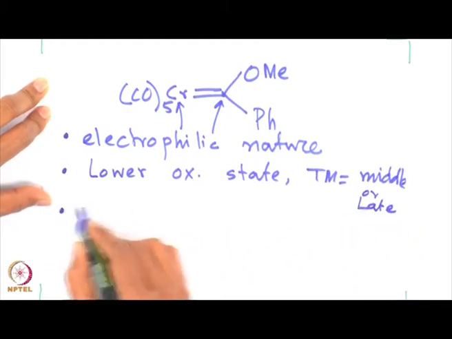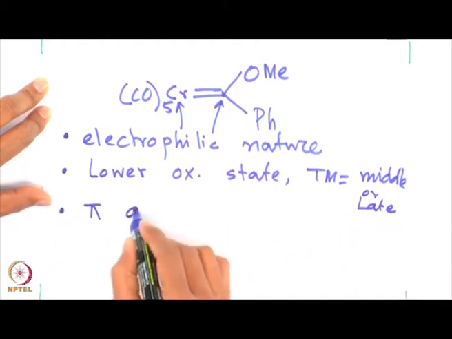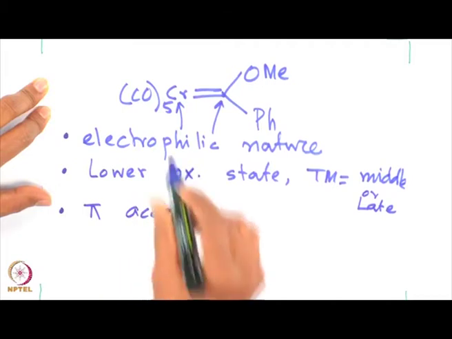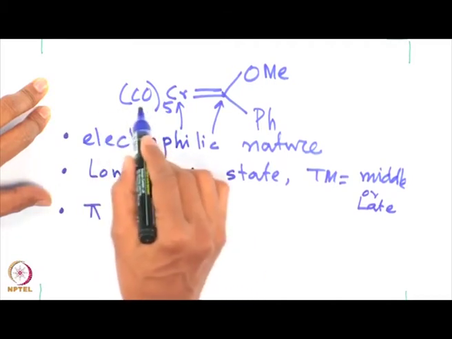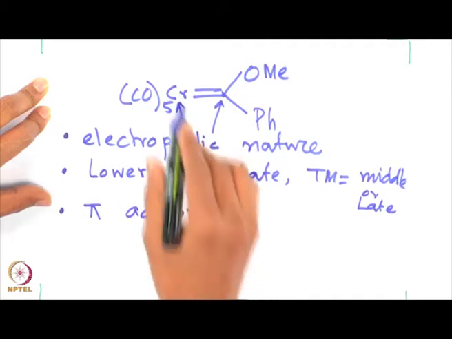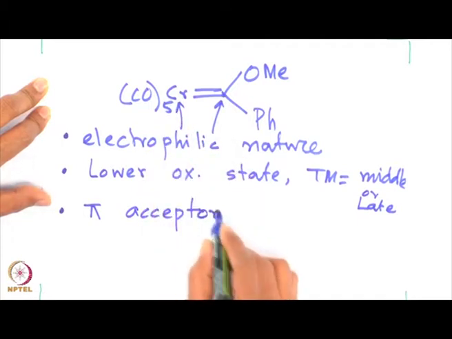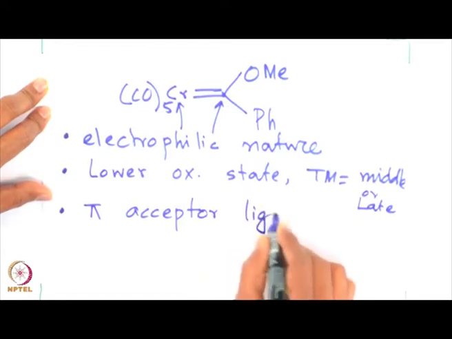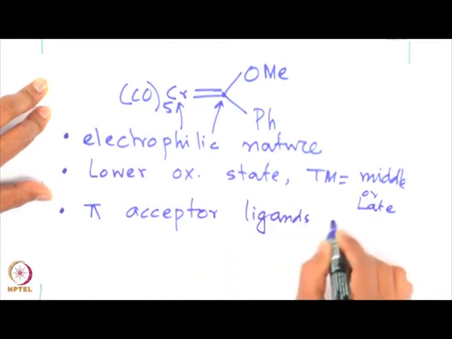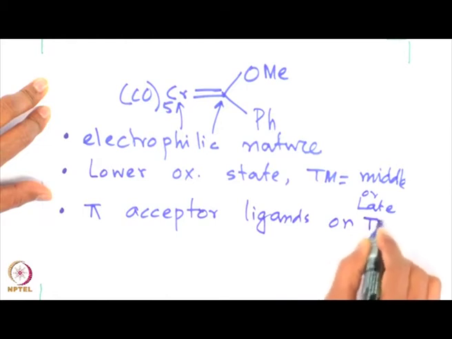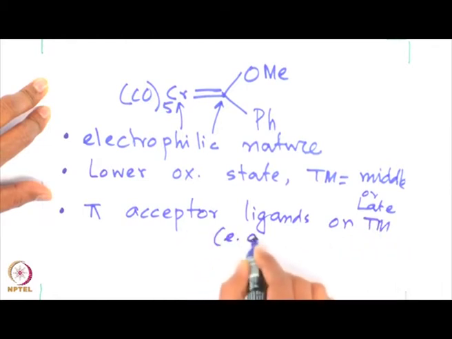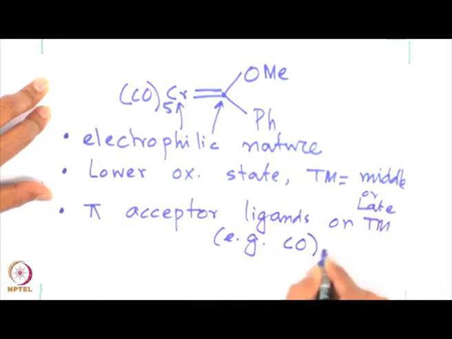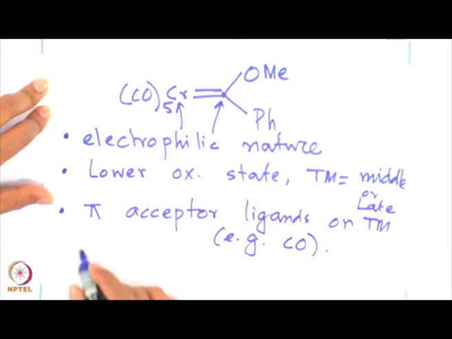Most importantly, you have pi acceptor ligands. The carbon monoxide ligands are associated with the metal center directly, and are pi acceptor in nature. So, you have pi acceptor ligands on the transition metal, for example carbon monoxide in this particular case.